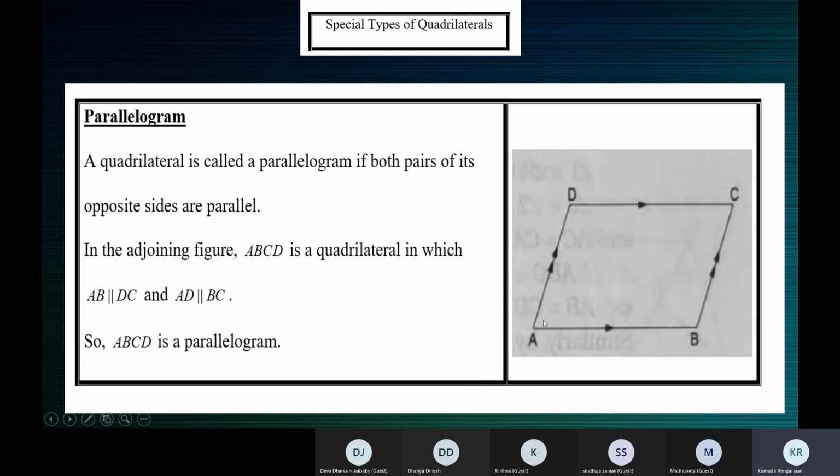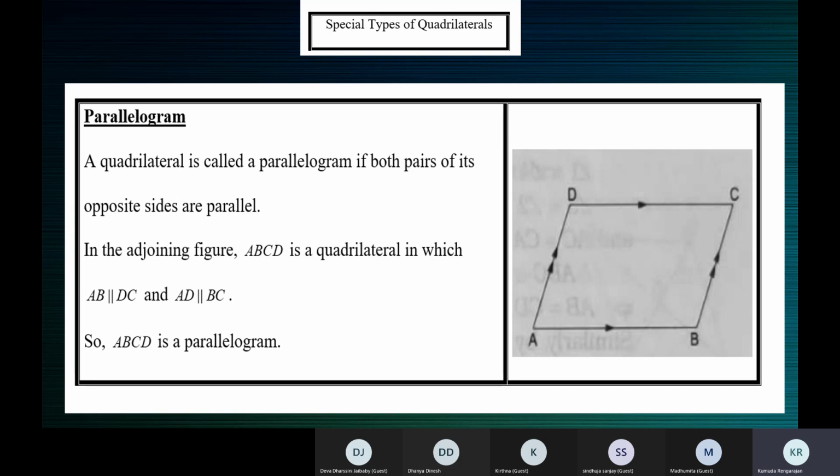So when the diagonals AC and BD are connected, one diagonal cuts the other diagonal equally. So one diagonal bisects the other. Diagonal BD cuts the diagonal AC into two equal halves.